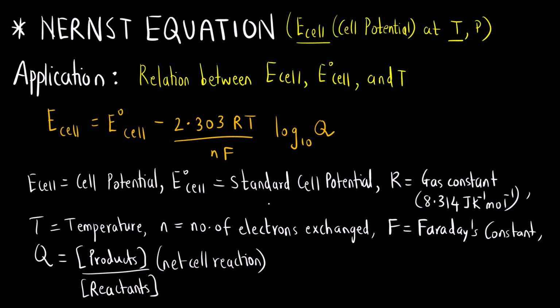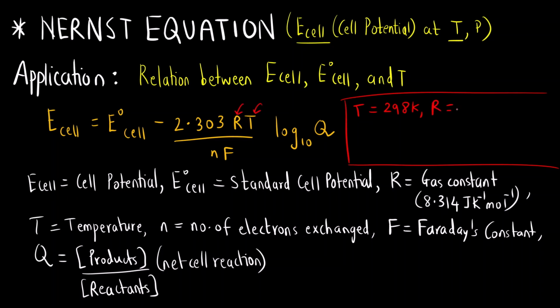Now there is one modification. Suppose we consider standard conditions. Standard conditions means the temperature is 298 Kelvin, so you substitute the temperature as 298 Kelvin. R is the value that we have written, 8.314. And what is the value of Faraday's constant? Faraday's constant is 96500 coulomb per mole.